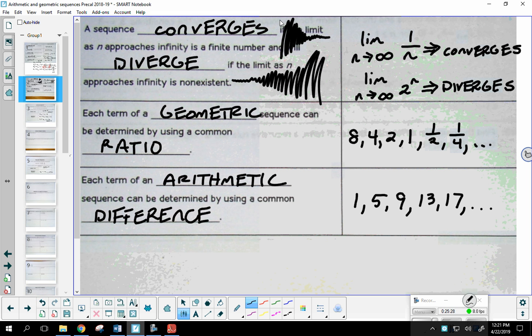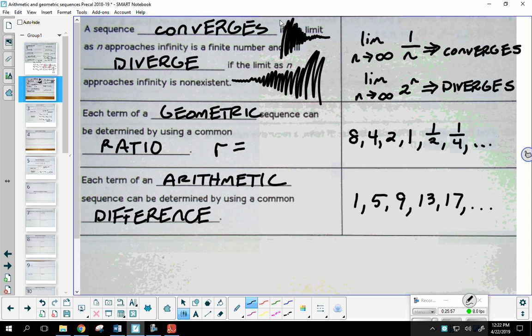We're actually going to be using some ideas from rational functions to make some of these a little easier for us. So each term of a geometric sequence can be determined by a common ratio. Each term of an arithmetic sequence can be determined by using a common difference. So if you see common ratio, that means we're multiplying by something over and over to get the next term. We use the variable r to represent that. So r for the common ratio.